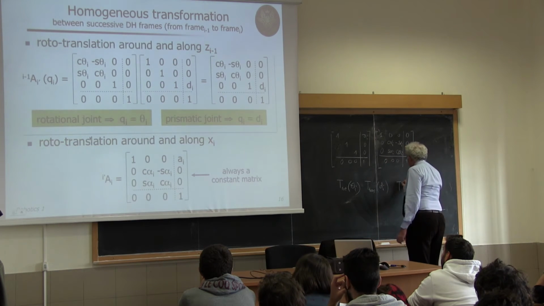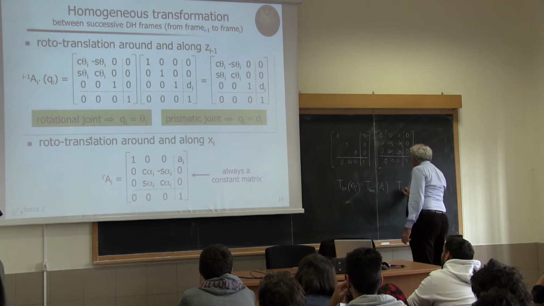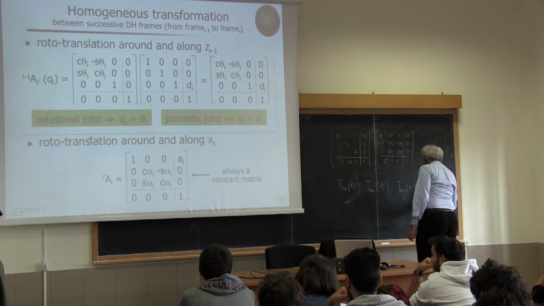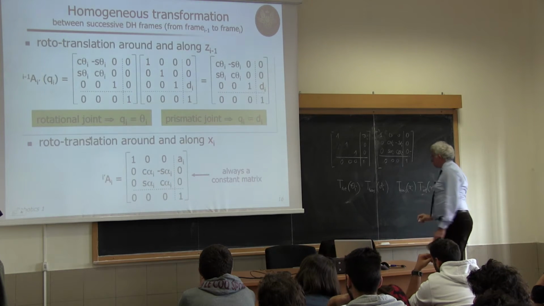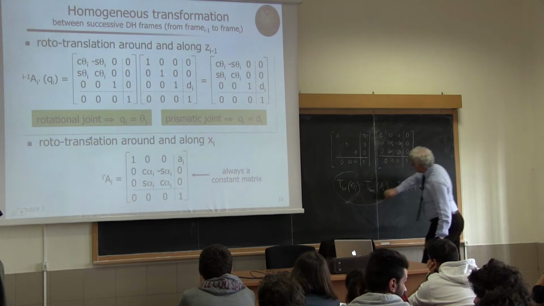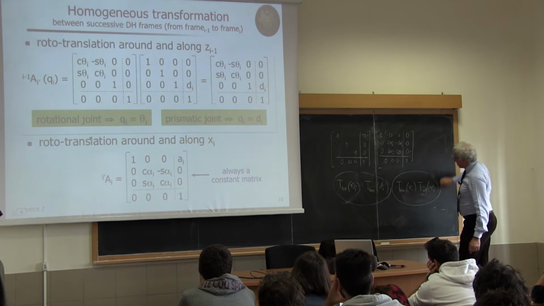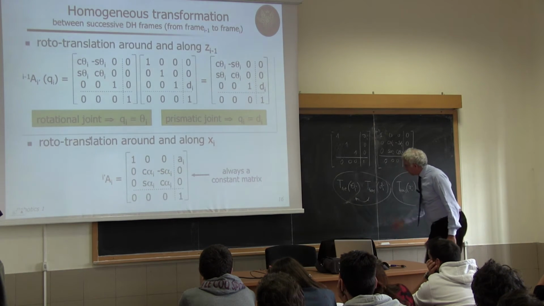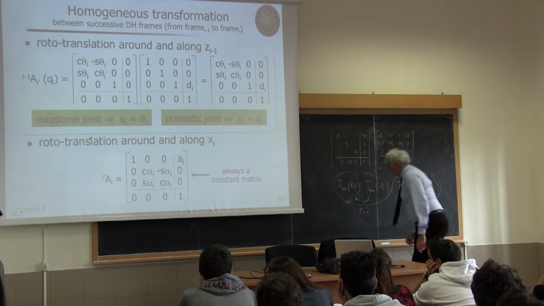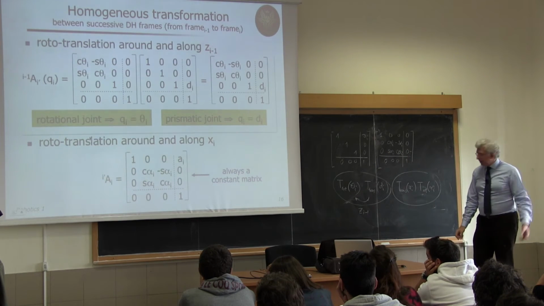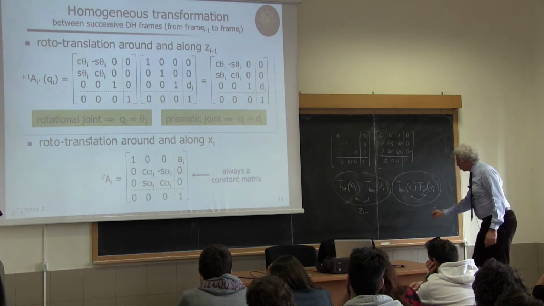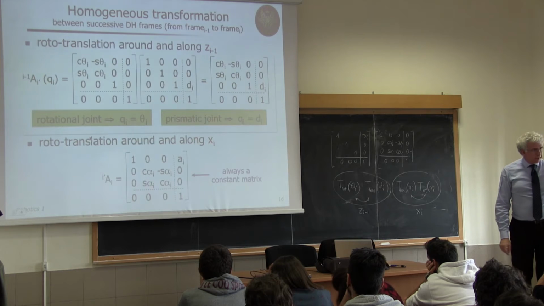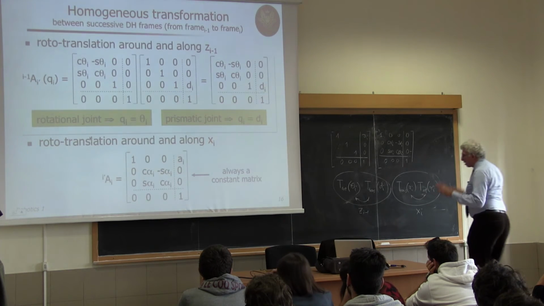And then I have a T here, translation by a_i, and then a T rotation by alpha_i. So I have defined on top this product, and then this product. And then I have said that these two can be interchanged because they are both along and around z_{i-1}, so the common axis. And also these two can be interchanged in order because they are both along and around the same axis, which is x_i. Okay?